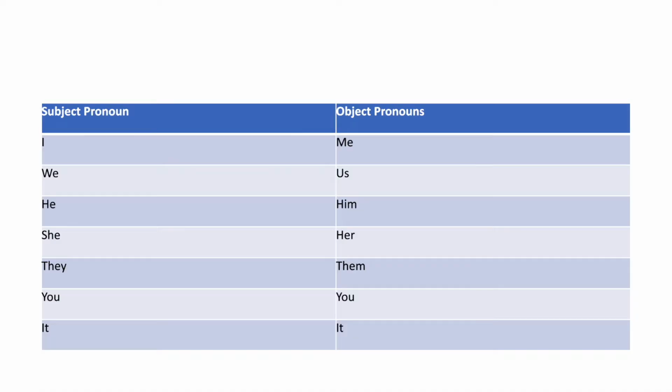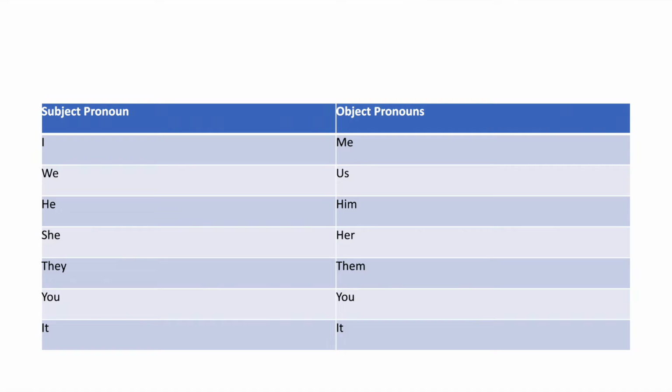The last two are you and it. You is the singular pronoun, or plural for many people. The subject pronoun is you, and the object pronoun for you, as many people or a single person, is also you.